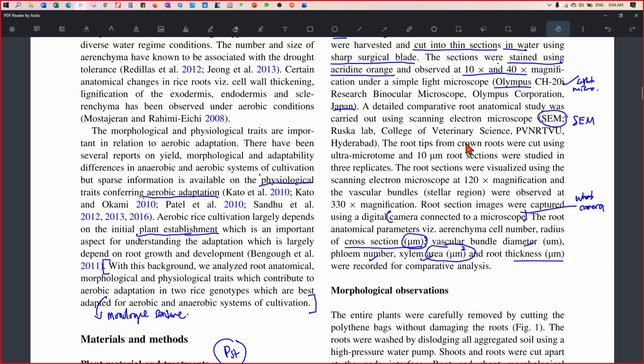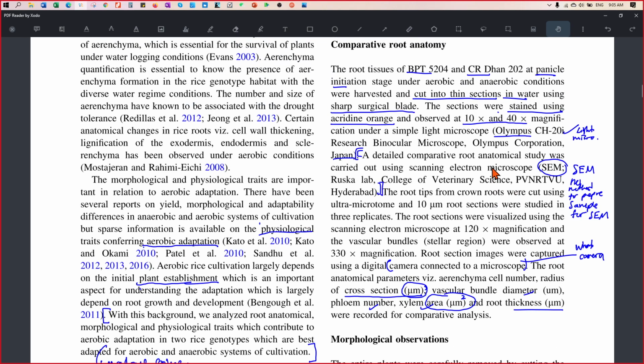There is lacking information here actually. They didn't tell any method to prepare the sample for electron microscopy. They didn't tell what is done.